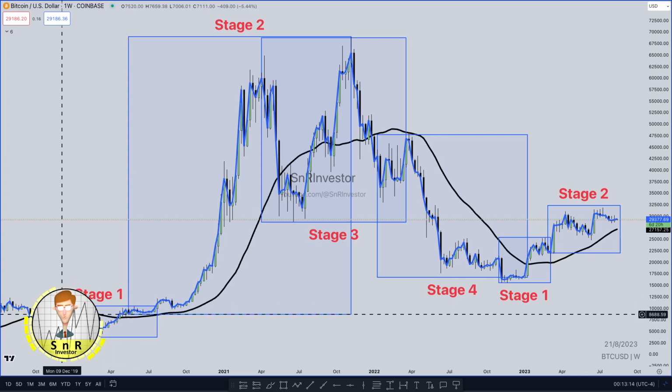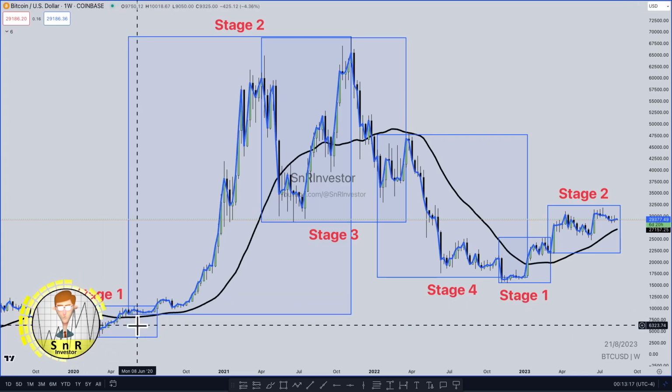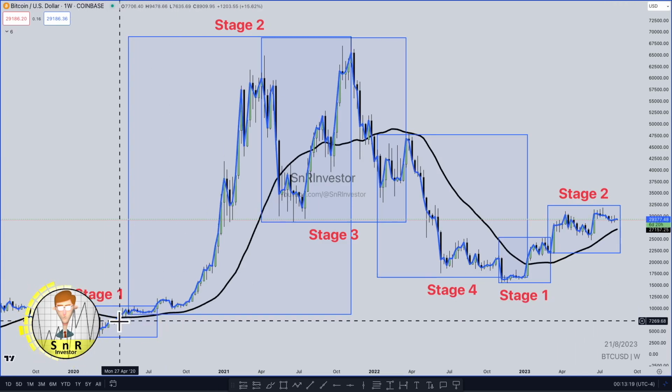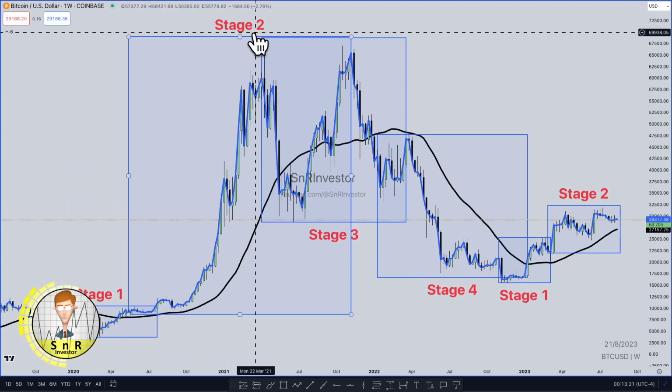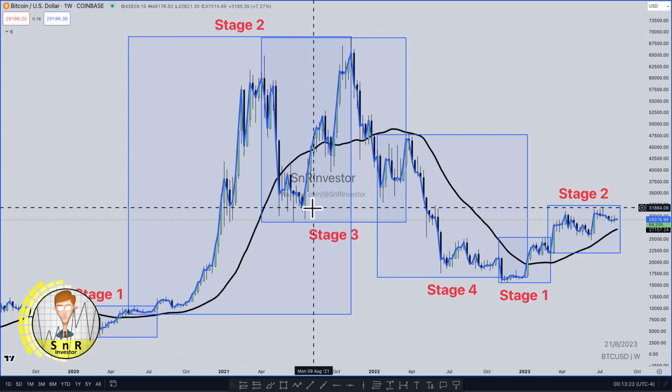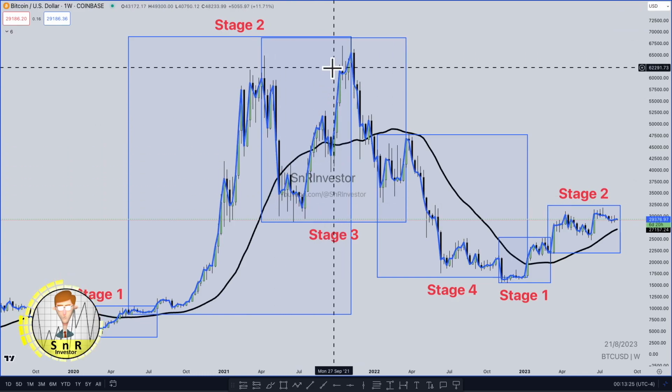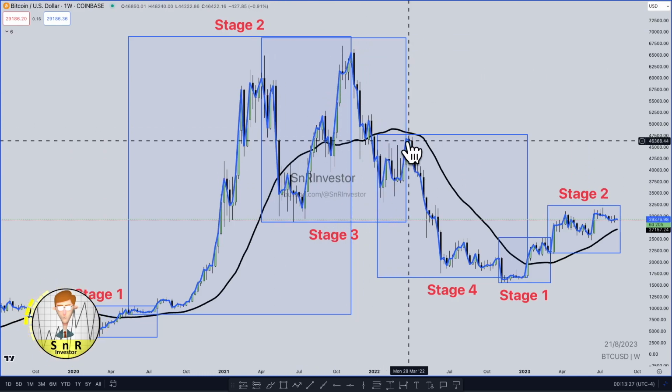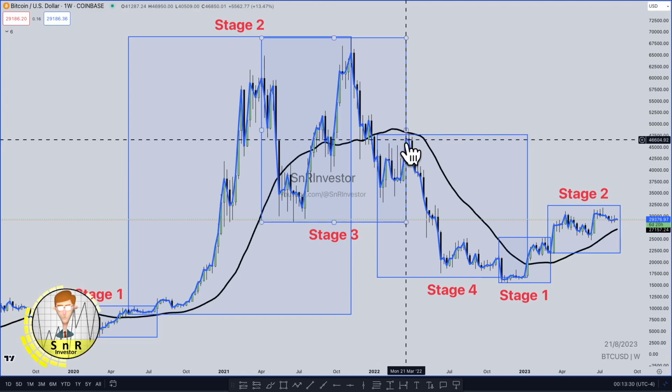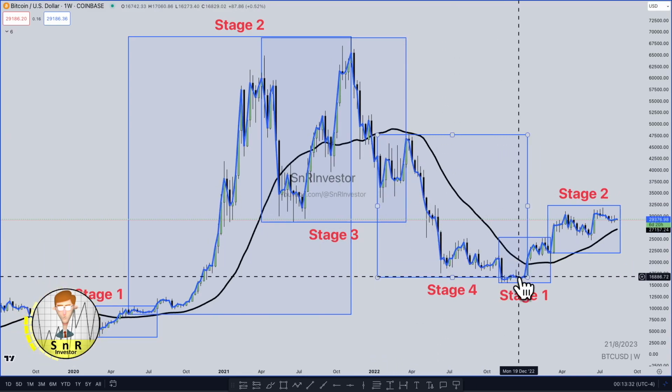So you can see we have a stage 1 price action before it moves into a very huge stage 2, and then it moves into a very wild swing of stage 3 price activity before it moves into a very clear stage 4 downtrend.